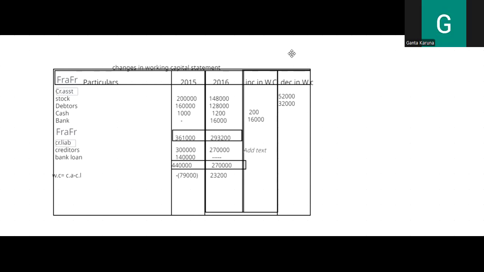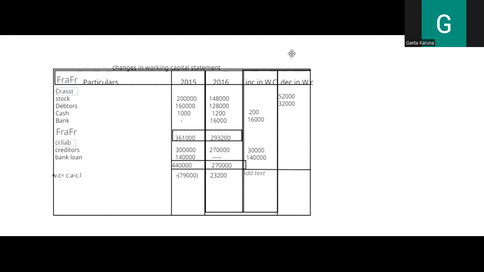Now let's total. Once we have totaled this one, now I have to total this one also. So please total it from this side. One is 84,000. The other one, how much is it? Let's check. The first one is 1,40,000 plus 30,000 plus 16,000 plus 200.